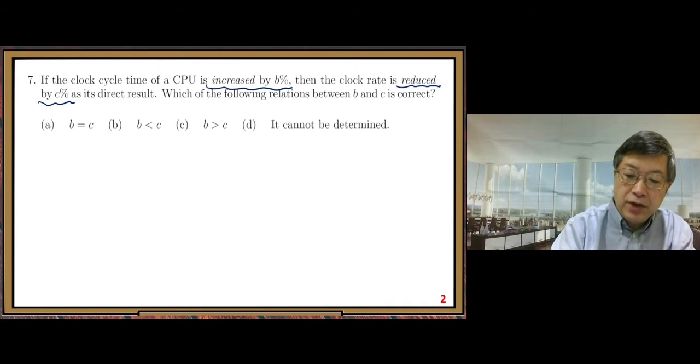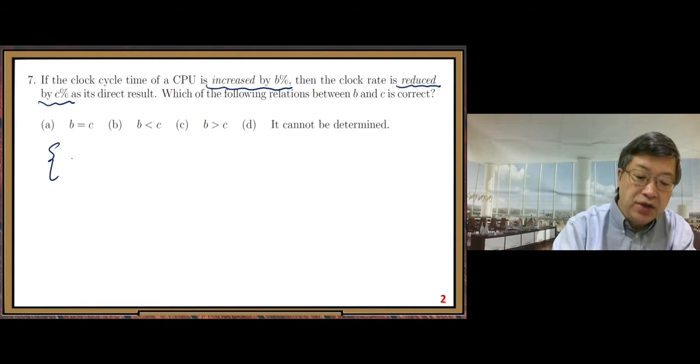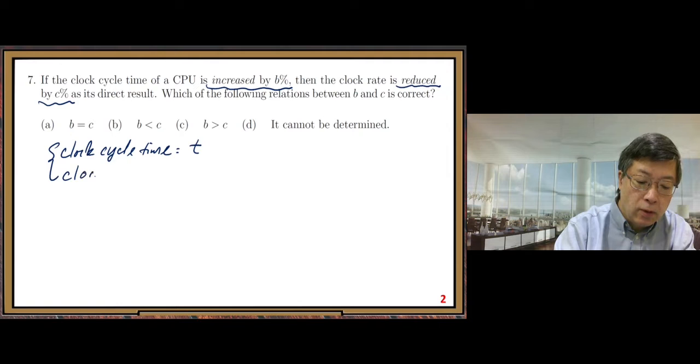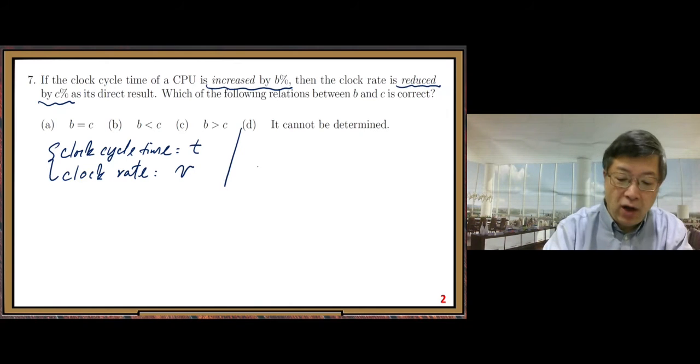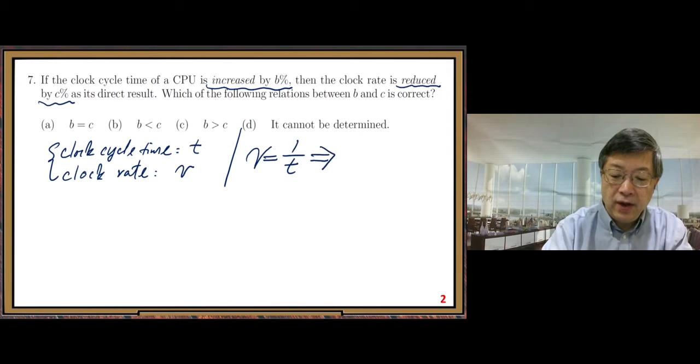First, the definition of the clock rate. Let me just use the notation. Clock cycle time, I just use T. Clock rate, I just use R. Based on the definition of the clock rate, R equals the reciprocal of T. In another equivalent expression, T times R equals 1.